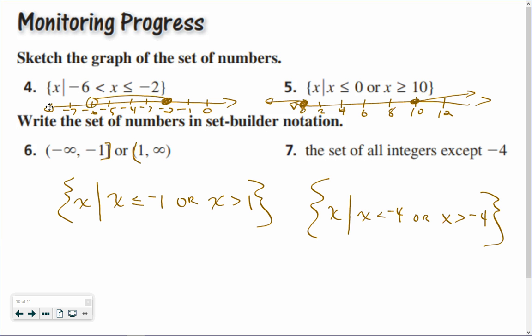Oh yeah, you can do that too. What's another way I can show it? Chris brought up a good point. Another way I can show it is X is not equal to -4. Same thing.